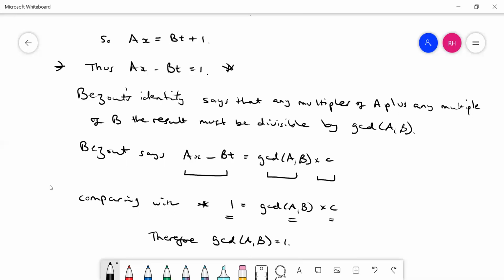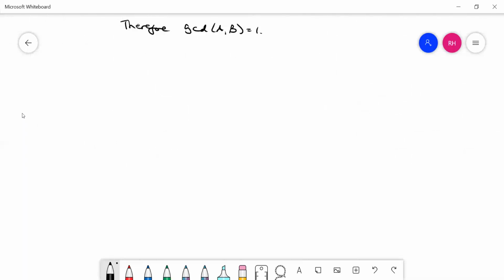And more particularly, if not, then A will not have an inverse modulo B.